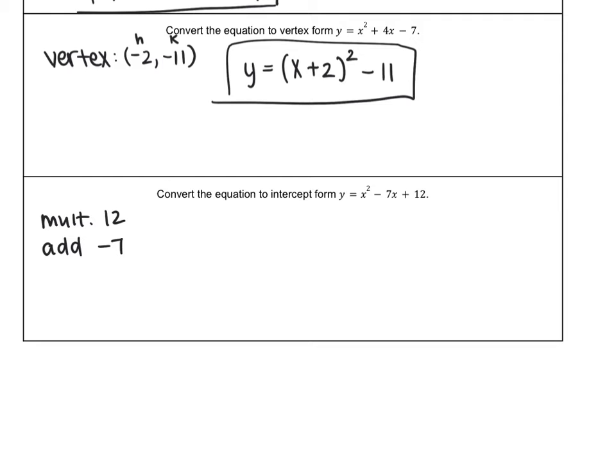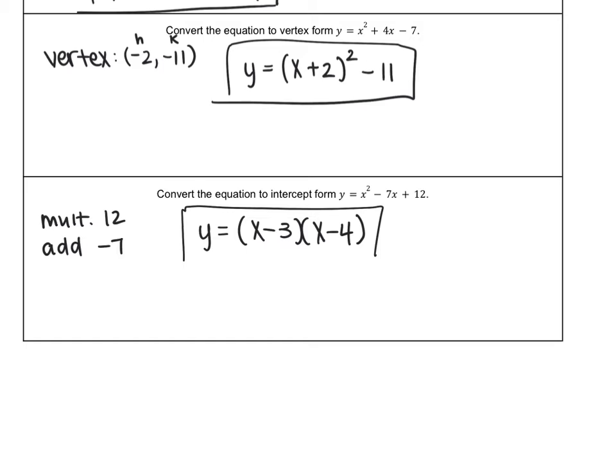So if you think about the ways to multiply to 12, you got 1 and 12, 2 and 6, and 3 and 4. And the only way to multiply to a positive and add to a negative is if they are both negative. So -1 and -12 won't work, -2 and -6 won't work, but -3 and -4 will work. So we have x minus 3, x minus 4.